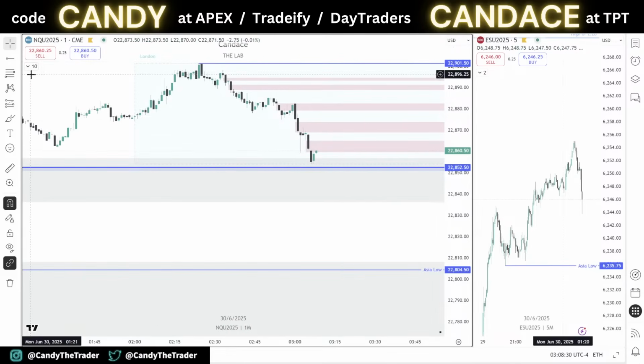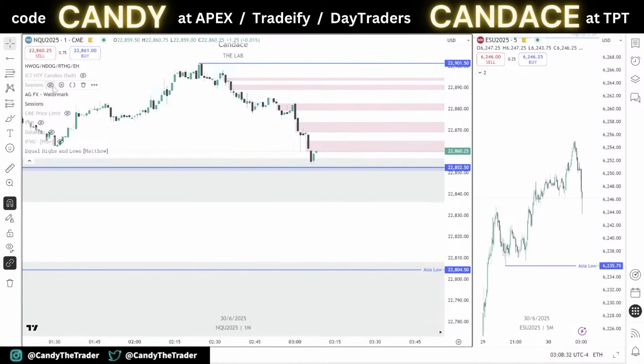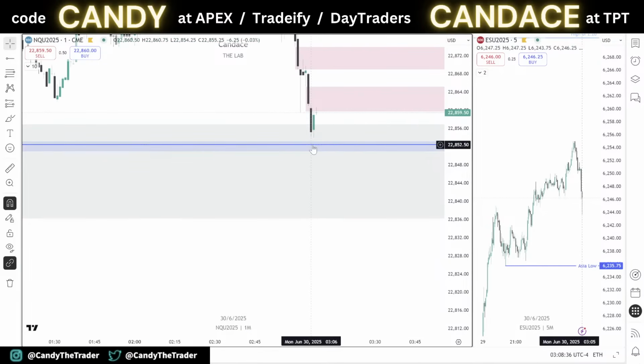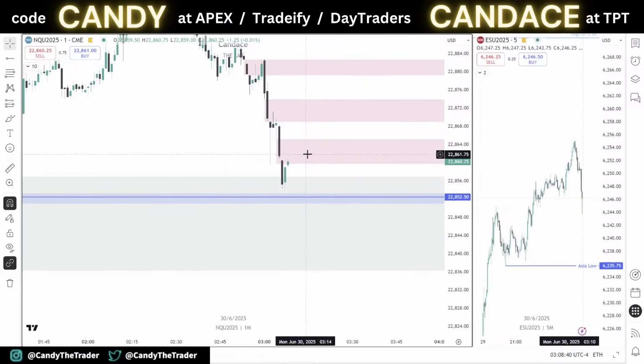So right now I'll see how price reacts with this CB, because we still have sell side liquidity here. If the candle body doesn't close above it, then it will probably retrace and clear this liquidity first.